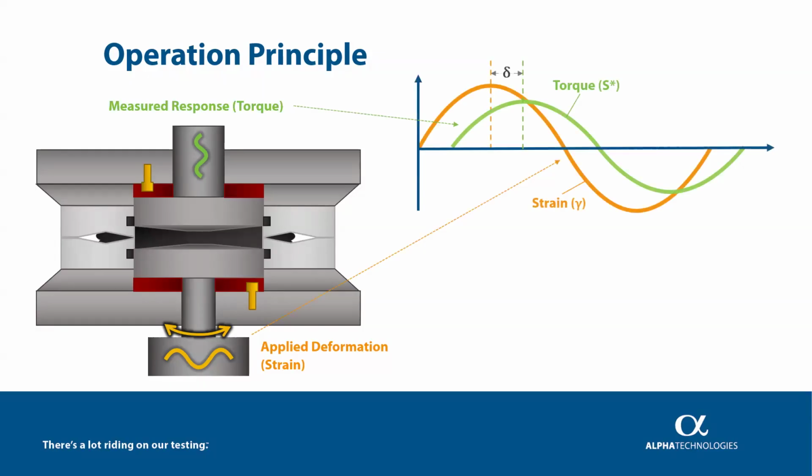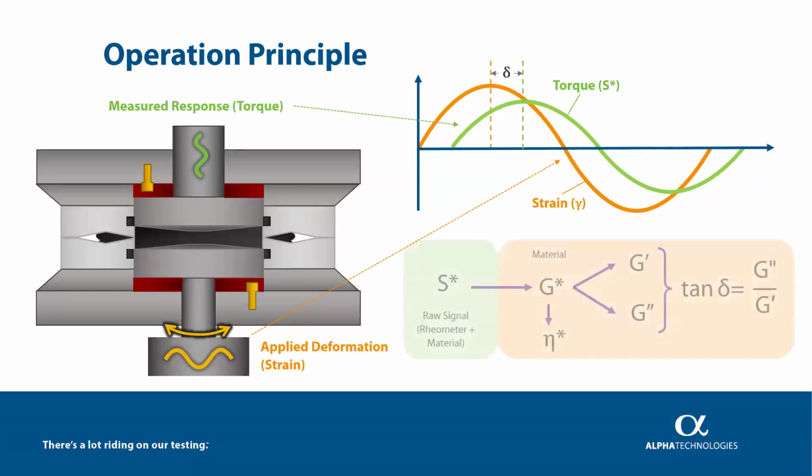On the right-hand side, you can see something called a phase shift, labeled as delta, between the applied strain and the resulting torque. This is kind of like the lag you feel when you push something really heavy. It doesn't move exactly in sync with your effort.